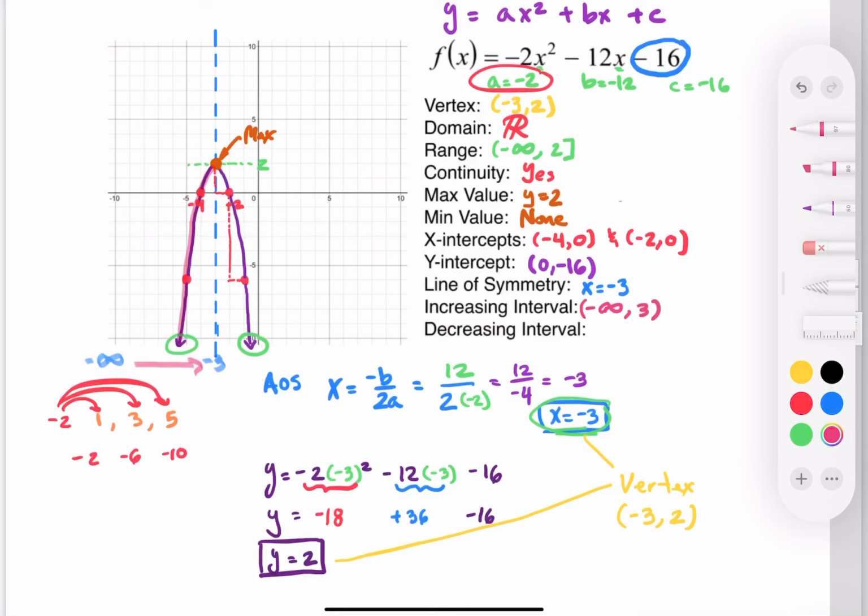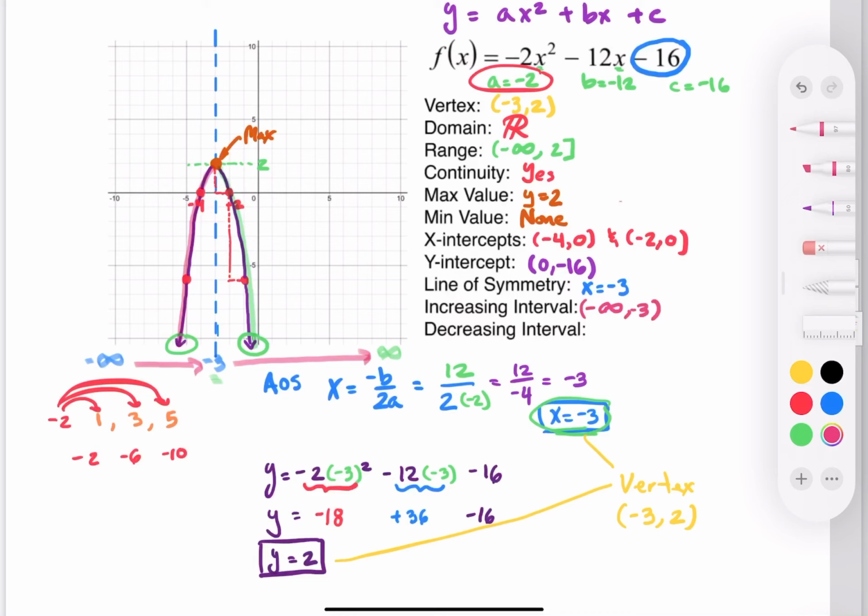Now, on the other side, the graph starts to decrease. So starting at -3 and going towards the right, our graph starts to decrease. It keeps decreasing forever towards the right until infinity. So it's decreasing from -3 to infinity. As we read from left to right, our graph is decreasing starting at -3.